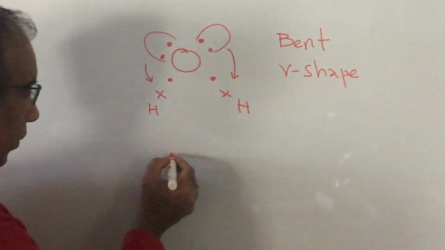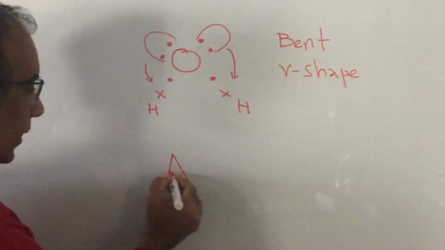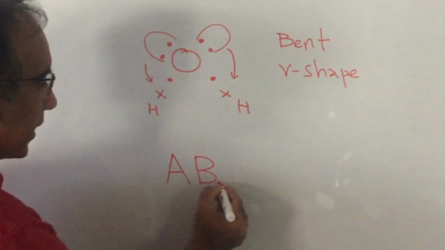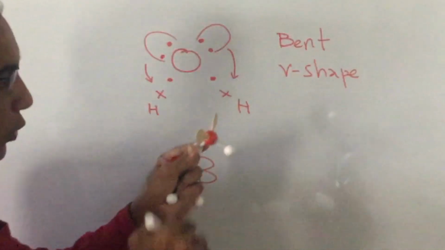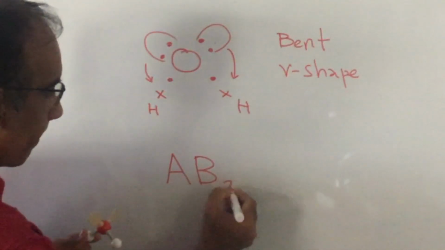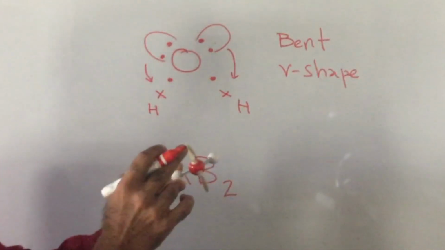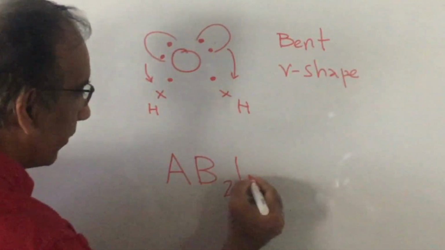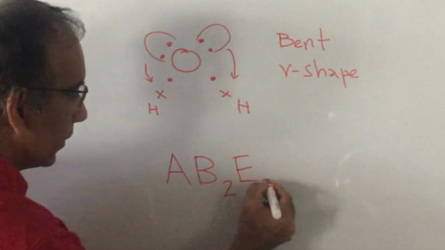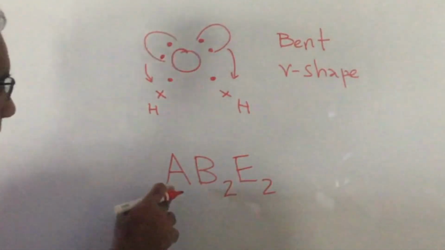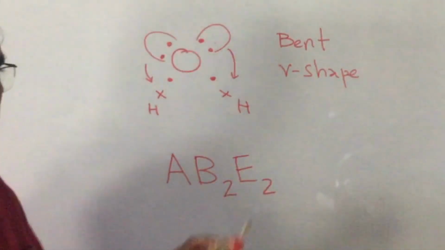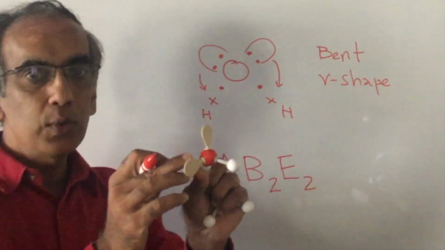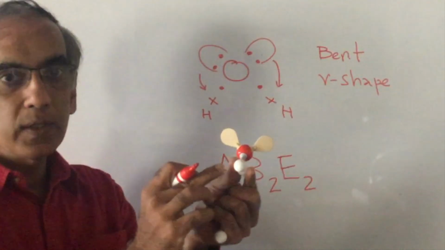And we could use this type of notation: A to represent the central atom, B to represent the bonding domains, and the 2 lone pairs of electrons could have the letter E2. So AB2E2 represents any structure that has a central atom with 2 bond pairs and 2 lone pairs.